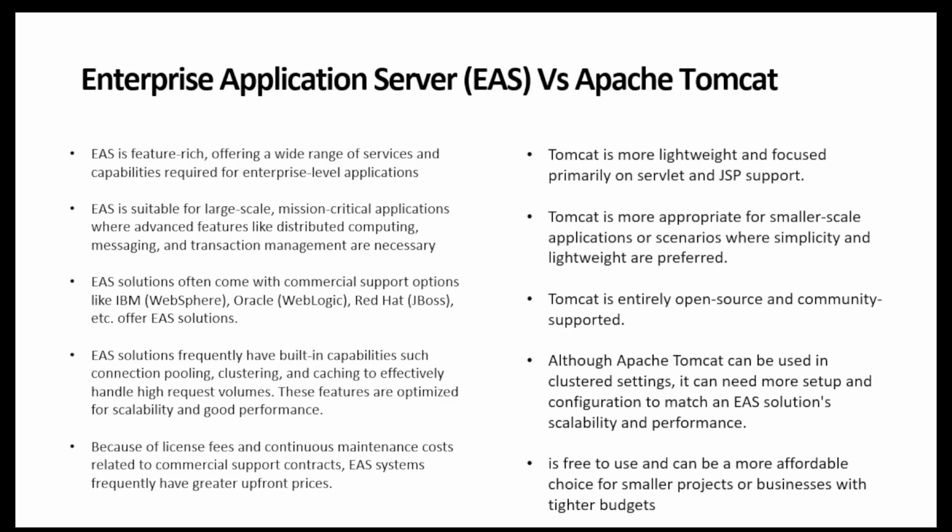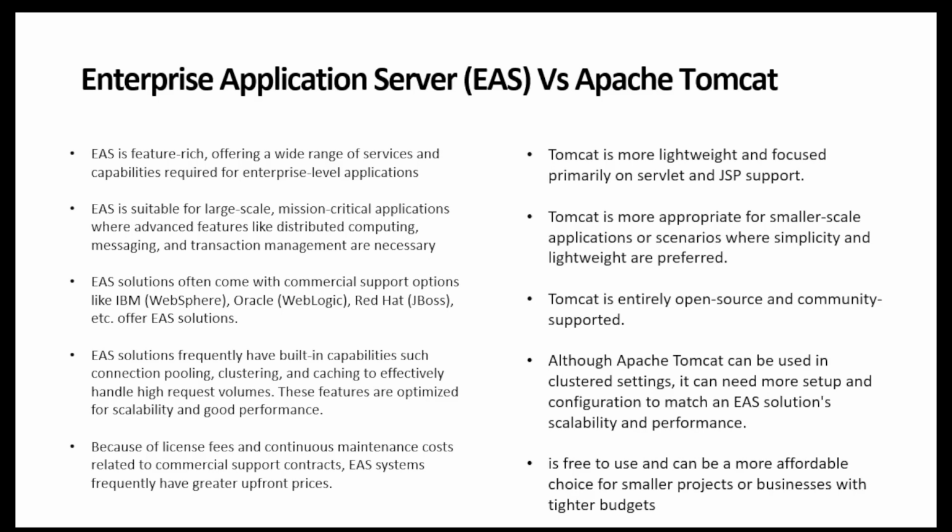EAS solutions often come with commercial support options from companies like IBM, Oracle, Red Hat, etc., while Tomcat is open source and community supported, making it free to use. Built-in capabilities such as connection pooling, clustering, and caching are common in EAS solutions to effectively handle high request volume.